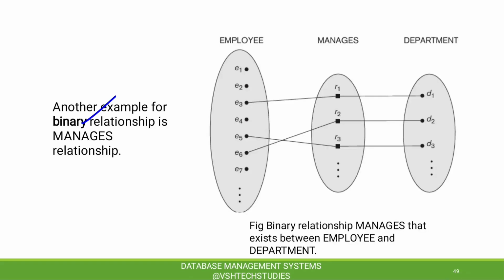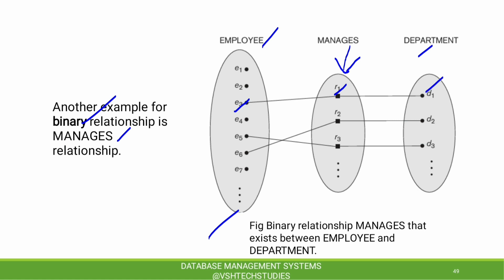Another example for binary relationship is the managers relationship. If you see the two figures here, this is the managers relationship, which is a binary relationship because it is an association between two entities. One is employee, another one is department. So employee entity E3 is participating in manager relationship instance R1 where he or she is managing the department D1.